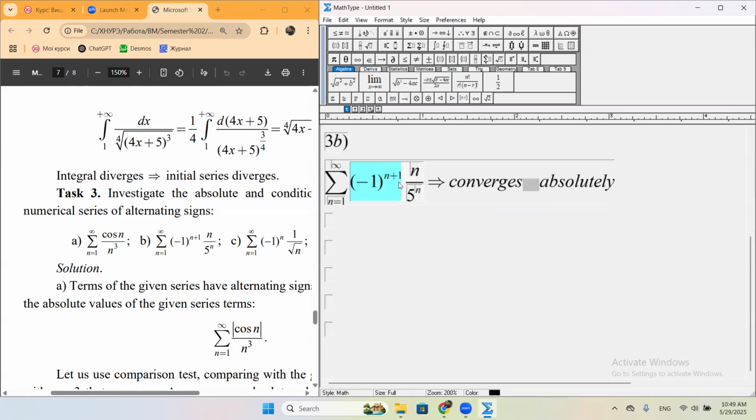If n equals 2, it equals minus 1. If n equals 3, we have 1. So always, these signs are alternating. So such series are called alternating series.